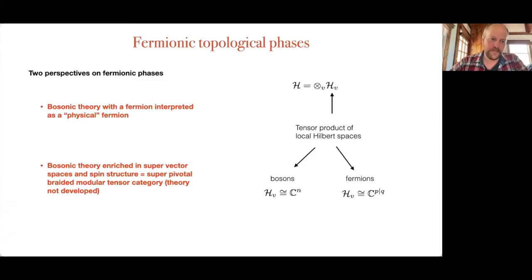So that's option one. The second option is to take a bosonic theory, again like I just described, and then enrich it in the category of supervector spaces and spin structures. This might be referred to as a superpivotal braided modular tensor category. That theory is not yet developed, so we're not going to talk about it, and we'll take this first approach, which is what we developed in our paper.